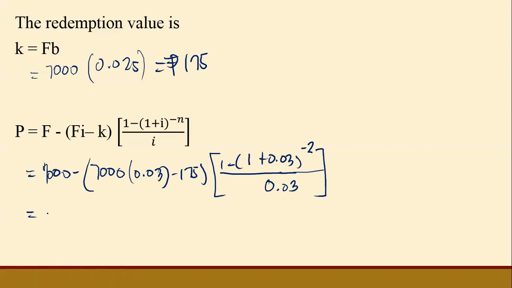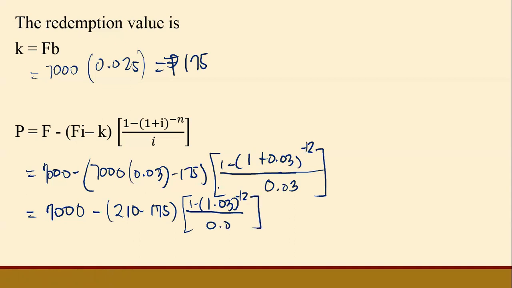So next, 7,000 minus 210 minus 175, 1.03 raised to negative 12, sorry, over 0.03. Okay, let's continue.